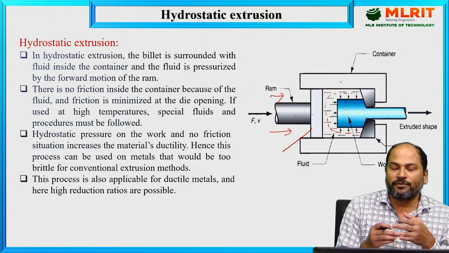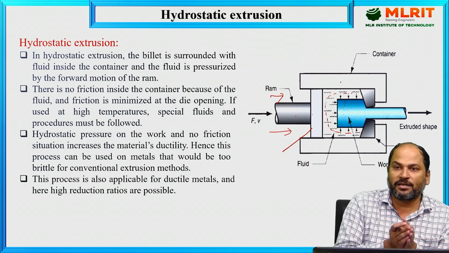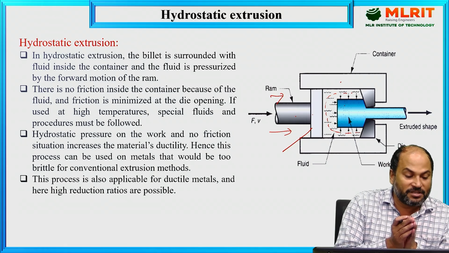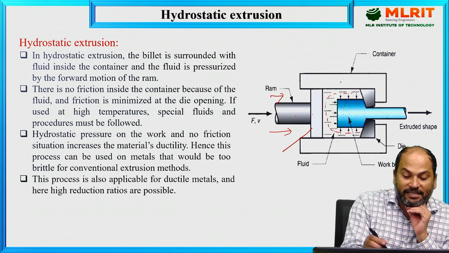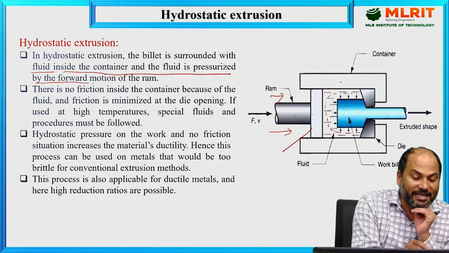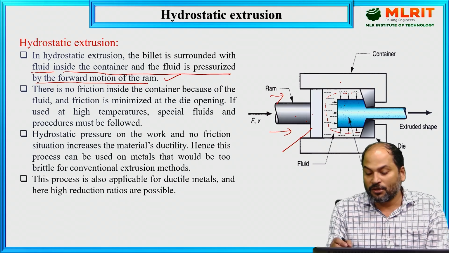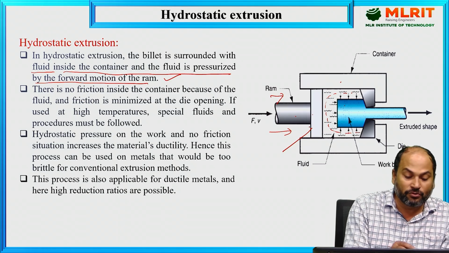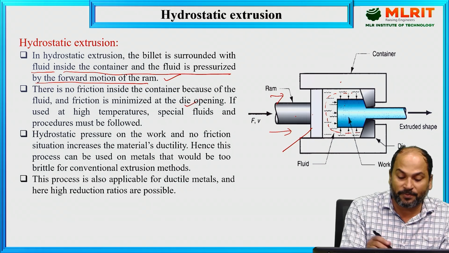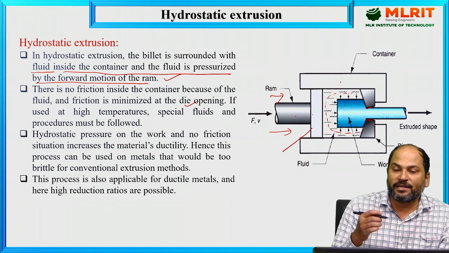So the losses that can occur during processing because of friction are completely eradicated in this process. In hydrostatic extrusion, the billet is surrounded with a fluid inside the container, and the fluid is pressurized by the forward motion of the ram. There is no friction inside the container because of the fluid, and friction is minimized at the die opening, so it will be very low in this area too.